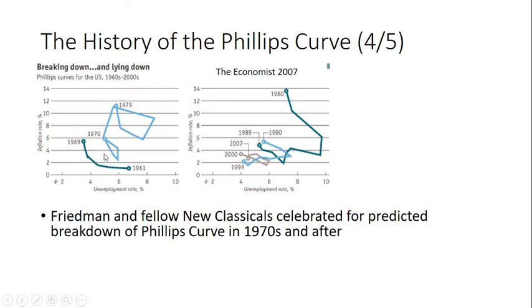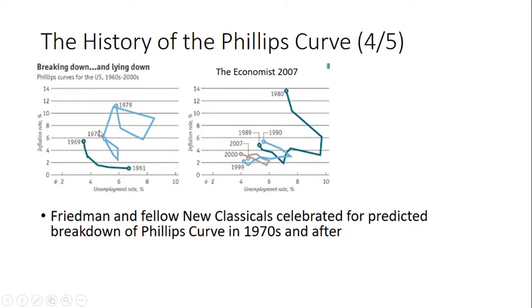And we can see this in the data. So if we look at the 1960s, this is for the US, again, inflation rates and unemployment rates, we see for that decade it looks very much like a standard Phillips curve.